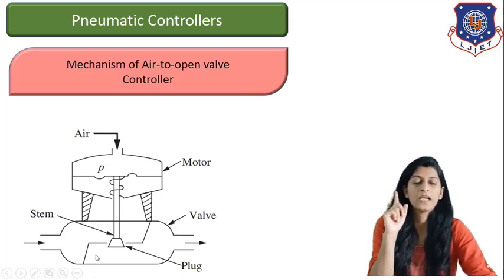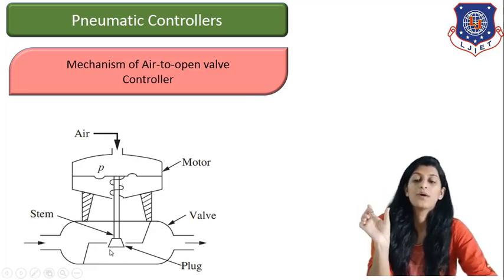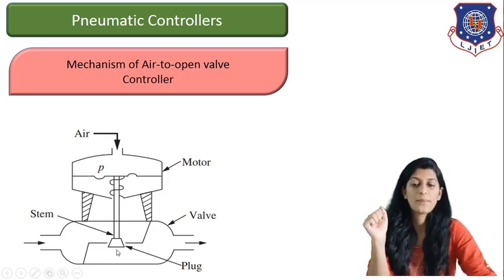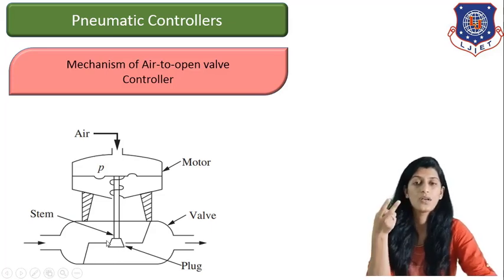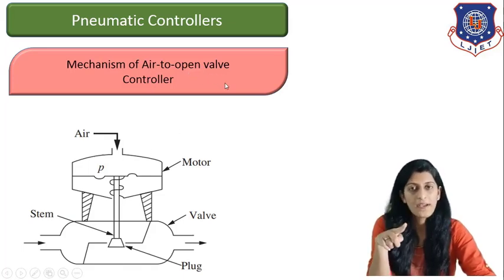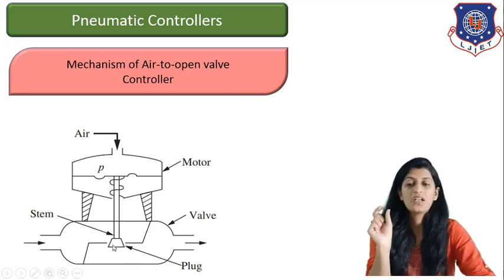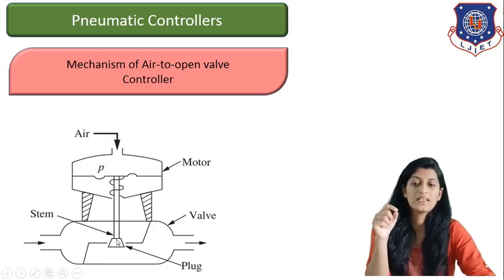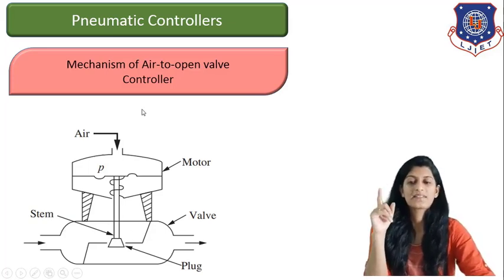If you recall the last session, the broader side of our trapezoid was on the upper portion of the stem, whereas in the air to open valve, the smaller side of the trapezoid is connected to the upper side of the stem, right? So, let's recall the mechanism here.